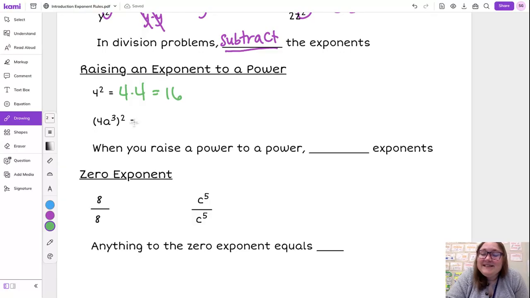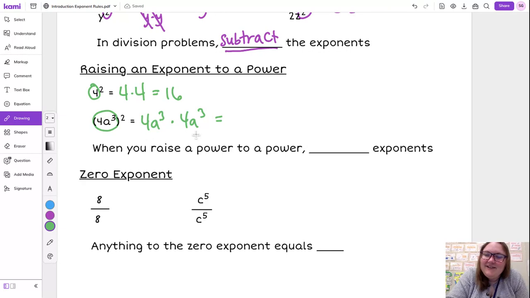That means something similar here too. 4a cubed, all of that squared, means we are multiplying this by itself, the same way we multiplied 4 by itself. So 4a cubed squared means we're doing 4a cubed multiplied by 4a cubed.